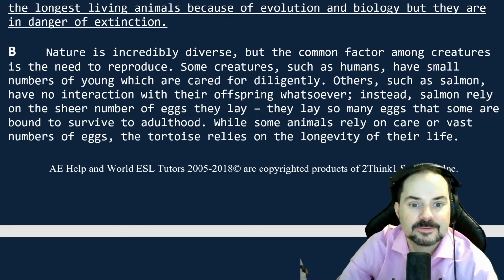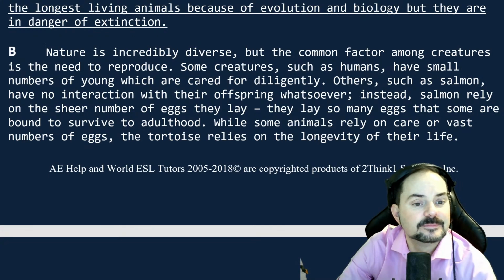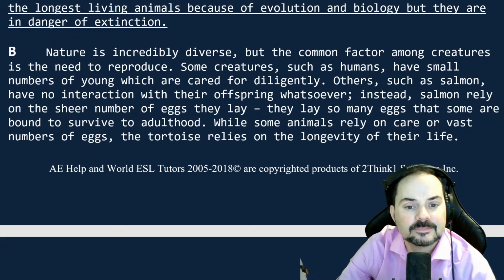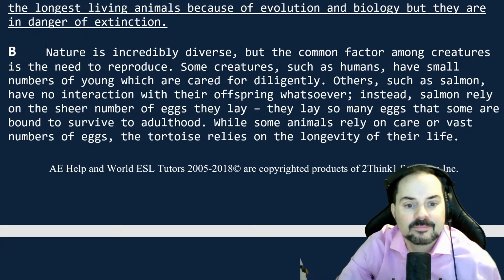Nature is incredibly diverse, but the common factor among creatures is the need to reproduce. Some creatures, such as humans, have small numbers of young, which are cared for diligently. Others, such as salmon, have no interaction with their offspring whatsoever. Instead, salmon rely on the sheer number of eggs which they lay.